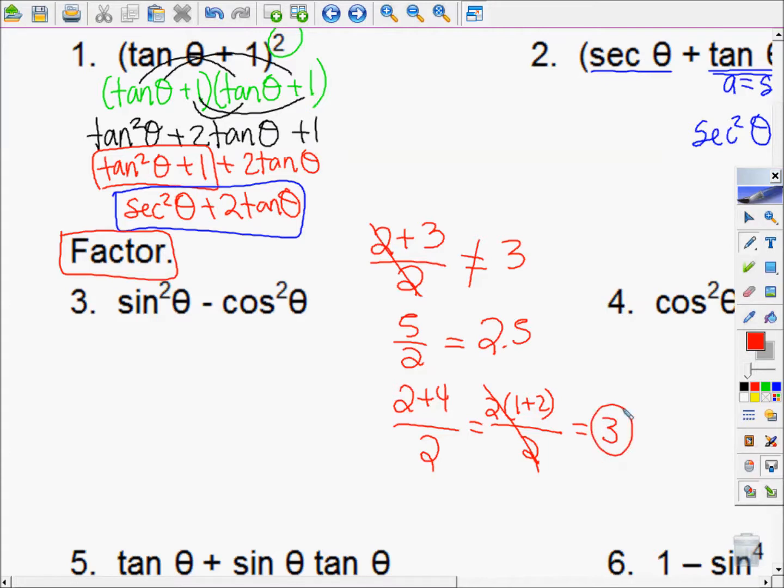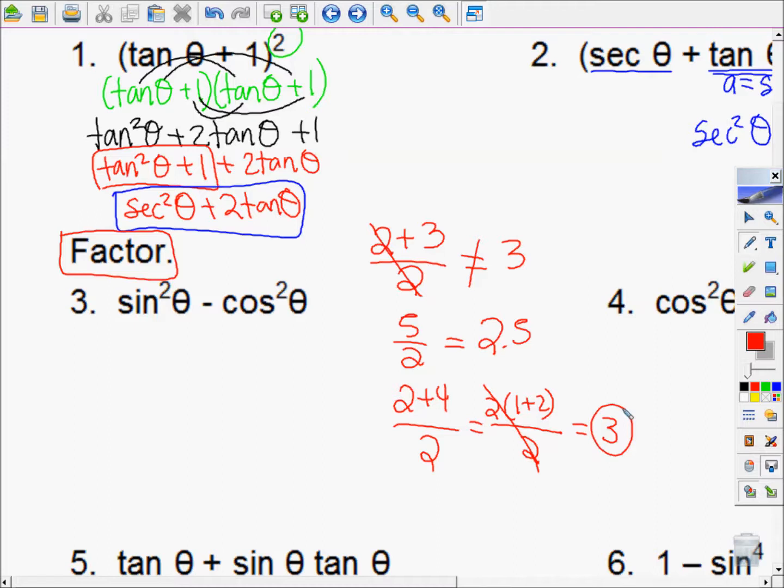And if I hadn't canceled out that 2, it would still be 3, right? Because 2 plus 4 is 6, and 6 divided by 2 is 3. This is a true statement. This, however, is not. It's never been, never will be. So stop just trying to eliminate things. That's why we're going over factoring, so that you can learn to create forms of elimination.